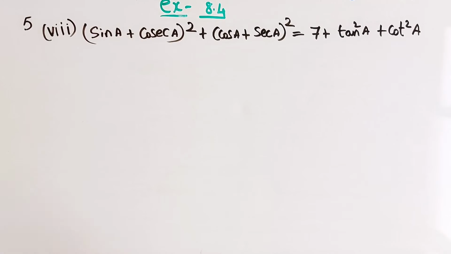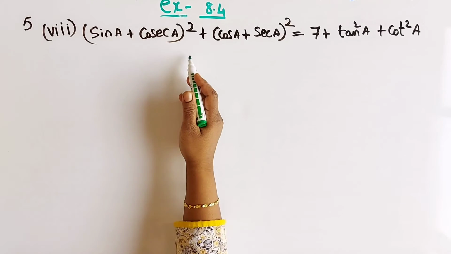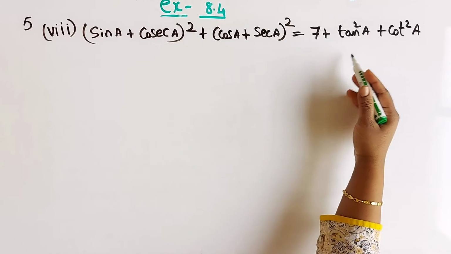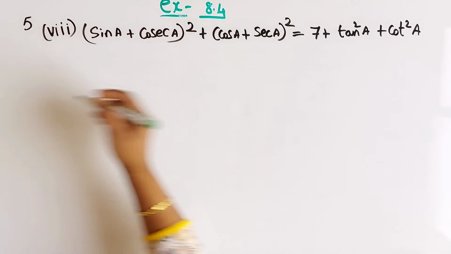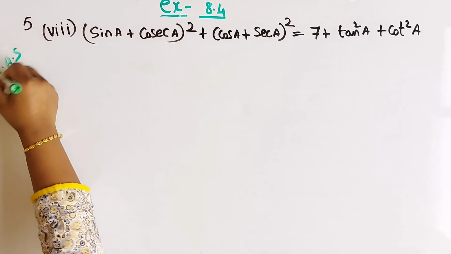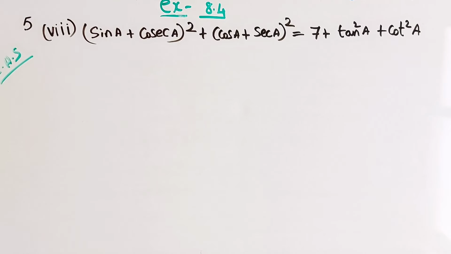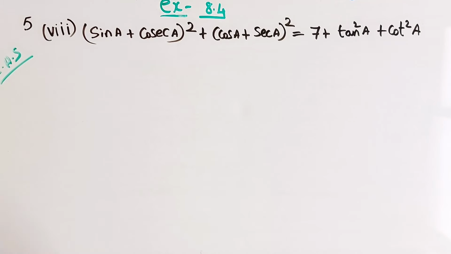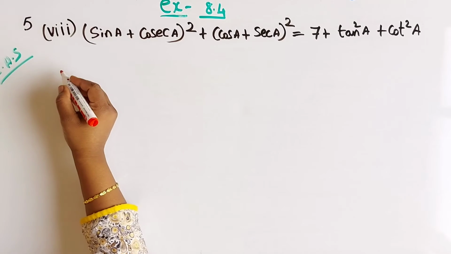Now 8th question, children. (Sin A plus cosecant A) whole square plus (cos A plus secant A) whole square equal to 7 plus tan square A plus cot square A. Here we have (sin A plus cosecant A) whole square. It is like (A plus B) whole square, right, children? Just apply the formula A square plus B square plus 2AB.